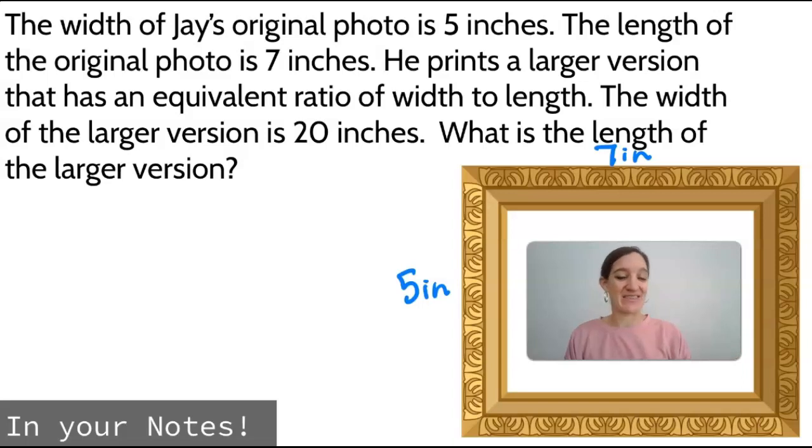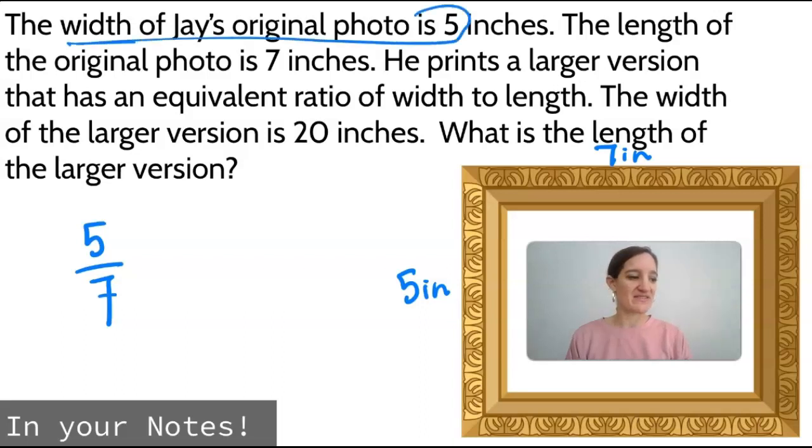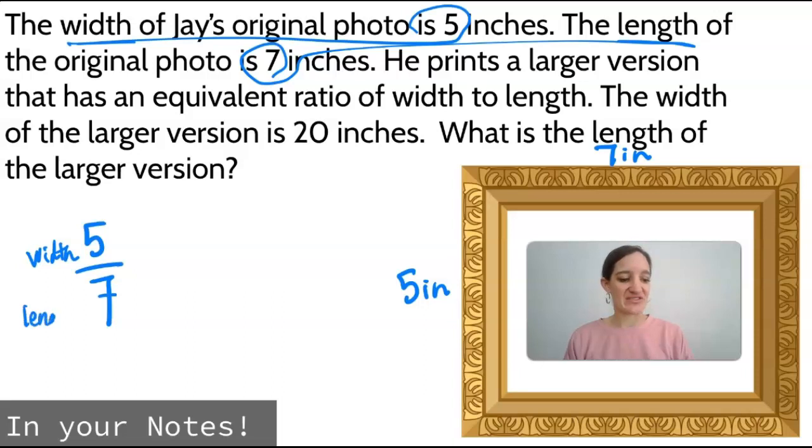What is the length? So I'm going to start with that first ratio it gave me, the 5 to 7 inch ratio. And the 5 stood for the width, right? The width is 5 inches. So I want to make sure my width is on top. And the length is 7 inches.